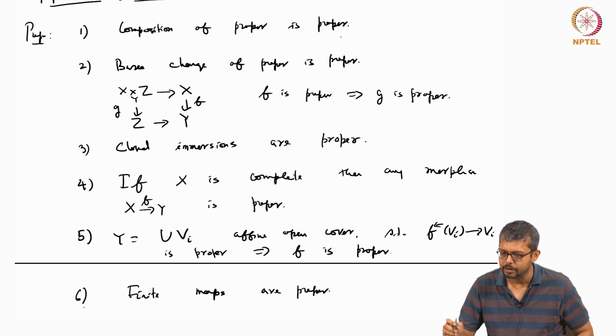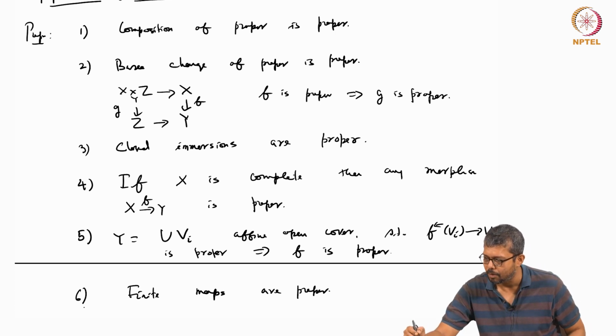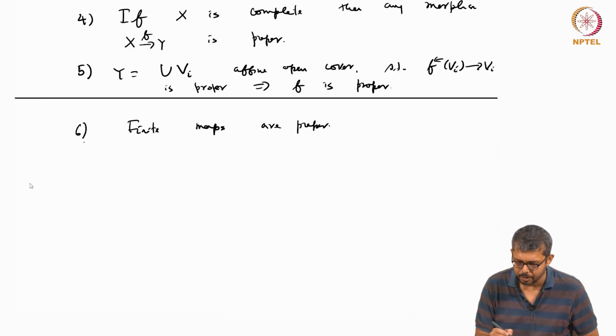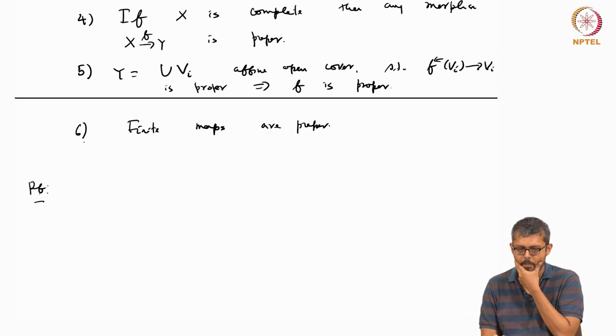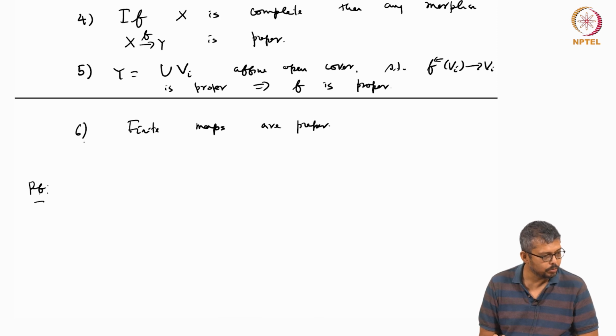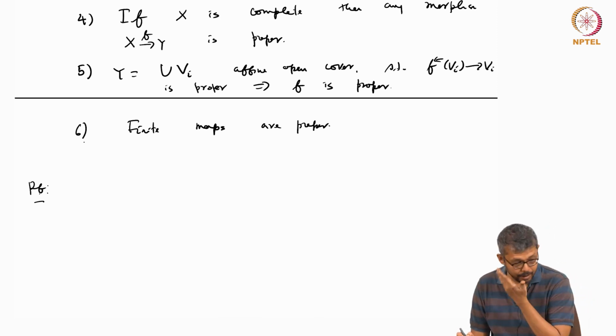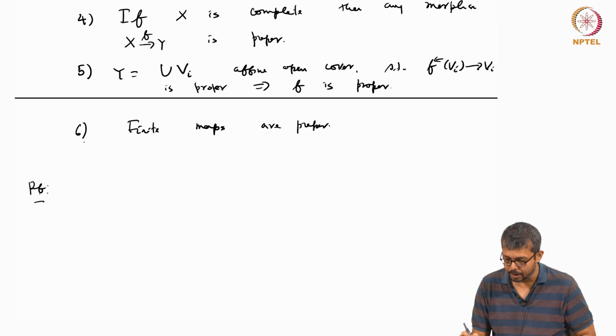let's see why the composition of proper is proper. First of all, composition of proper is proper. Okay. So what you do? So this is the thing in the fiber product.